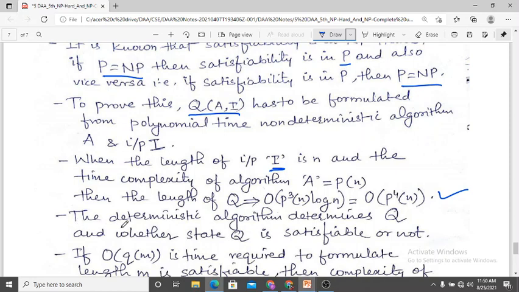The deterministic algorithm determines Q and whether Q is satisfiable or not. What does the deterministic algorithm do?